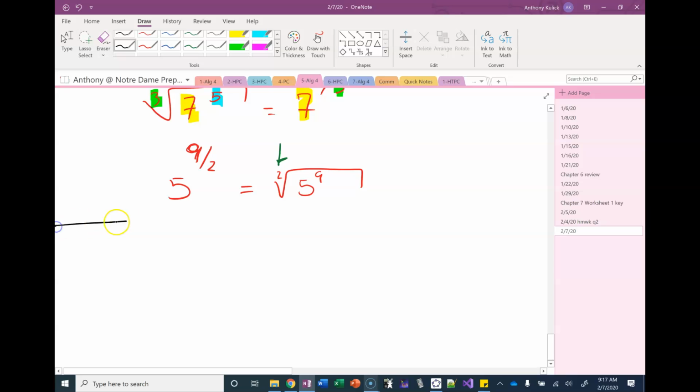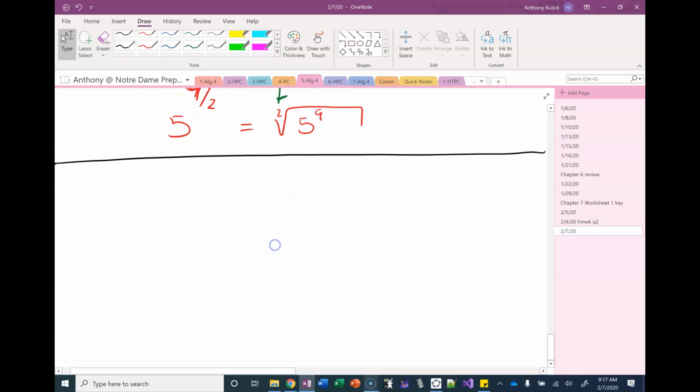Now, the reason that we need this new definition is because we have a whole bunch of properties for exponents that we can use that make combining these things quite easy. So, properties of exponents.